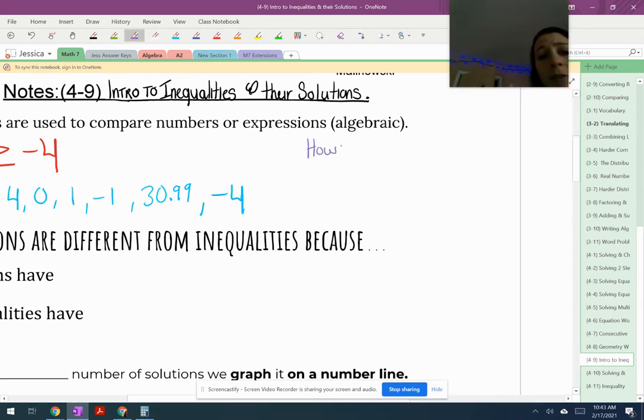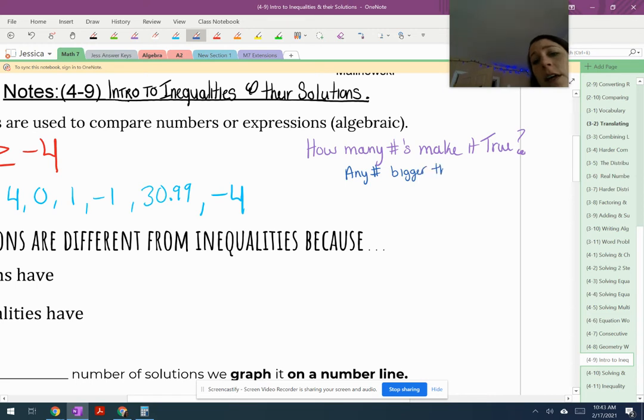So first off, how many numbers make it true? And that's any number bigger than -4, which there's an infinite number of numbers bigger than -4.